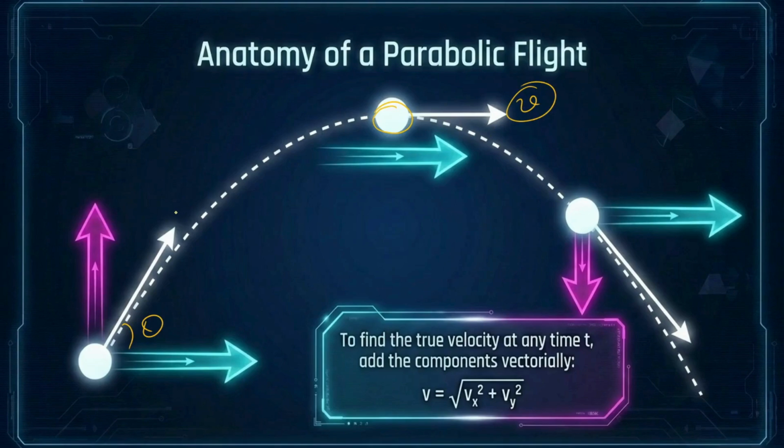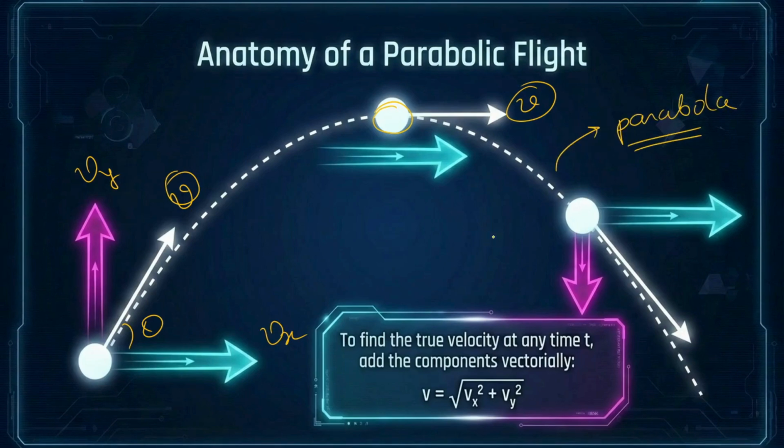This is the resultant velocity, meaning here we have a Vy component and a Vx component. Now, if it moves towards like this, the trajectory of this object is some kind of parabola. You can see it like this.